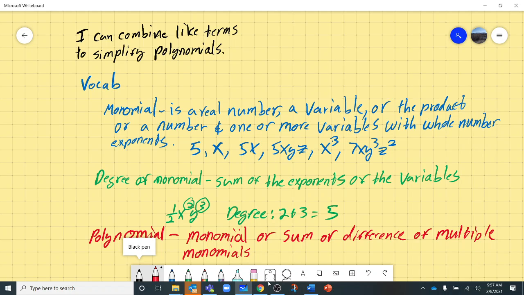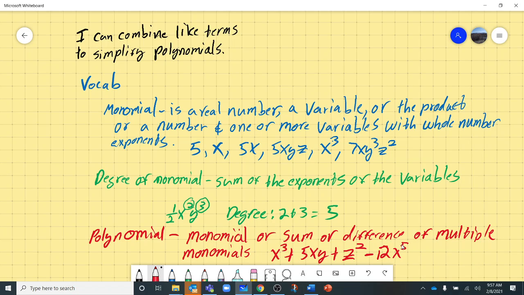Okay, so an example of this would be something like x to the third power plus 5xy plus z squared. Okay, these are all monomials. We should put a minus in there too, just for fun. 12x to the fifth.